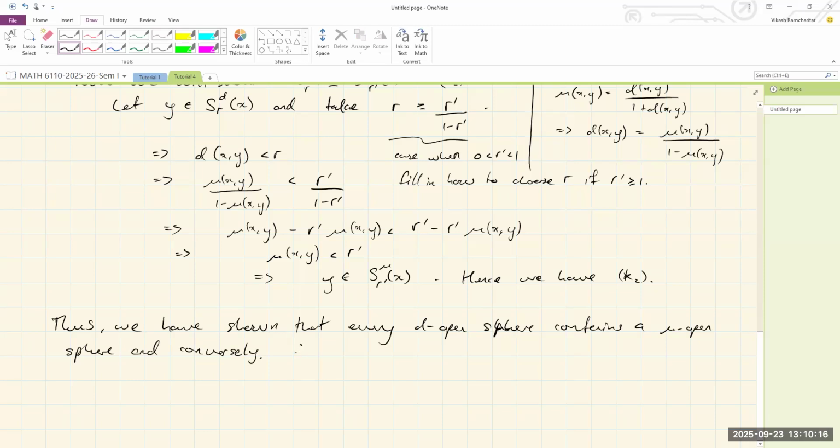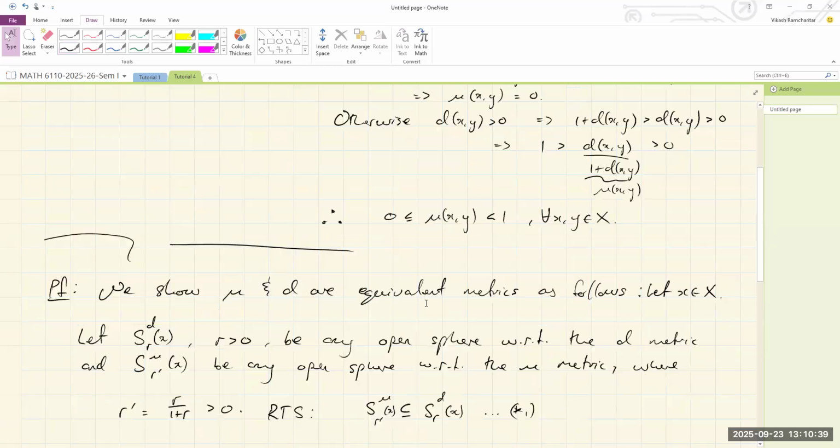Okay. So therefore, the metrics mu and d are equivalent by the stated term or by the given term. Okay, remember we were given a term in the beginning to work with.